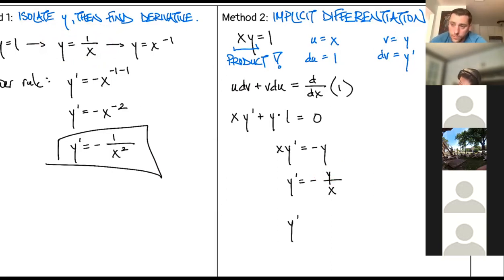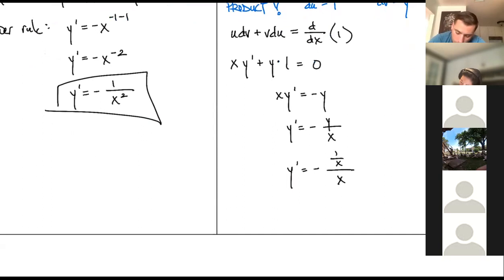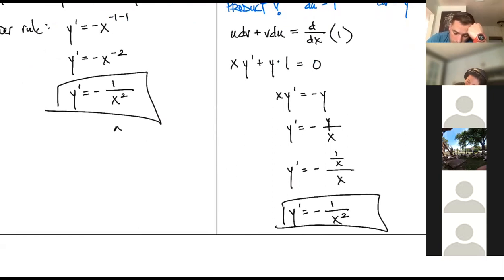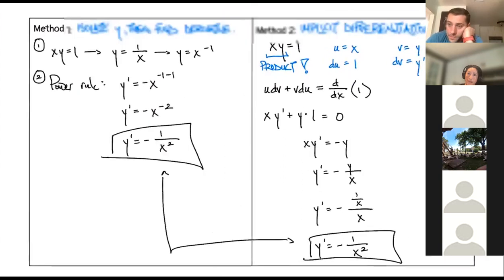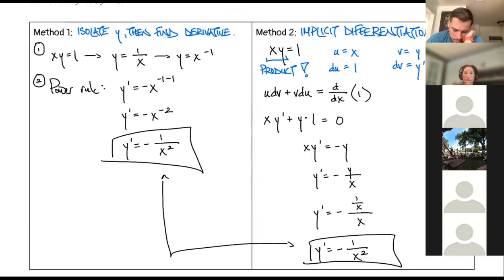So y prime equals negative 1 over x. And when we clean that up, we get negative 1 over x squared, which matches what we got using the other method, okay?